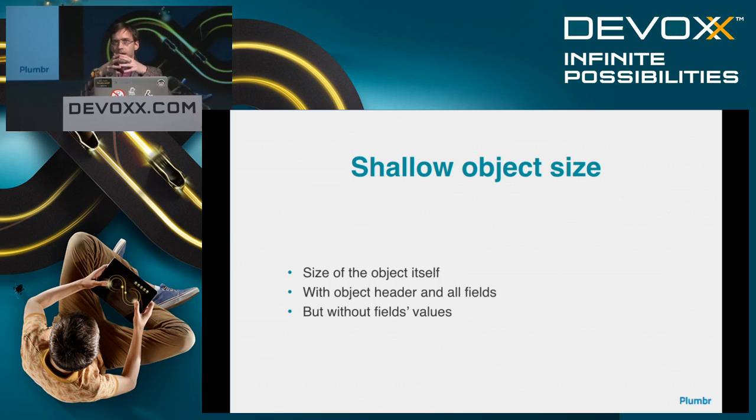And so the more fields an object has, the bigger that object will be in memory. That's the shallow object size: the size of one object without objects referenced by its fields. Header, object, and its fields.